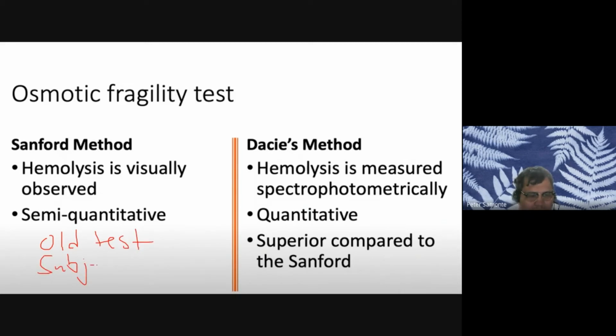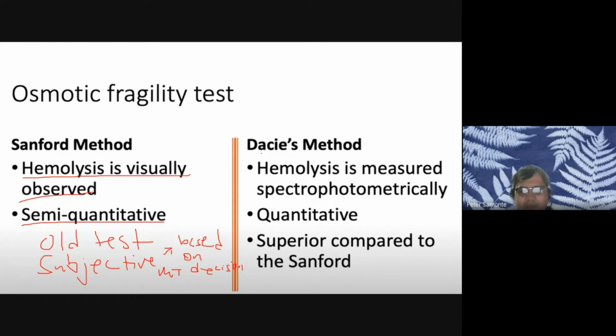When you say subjective, it is based on the medtech's decision. The reason why it's subjective, class, is because you would be observing for hemolysis, and this is a semi-quantitative test. So you're going to look for hemolysis.